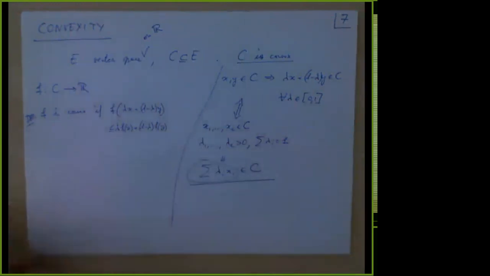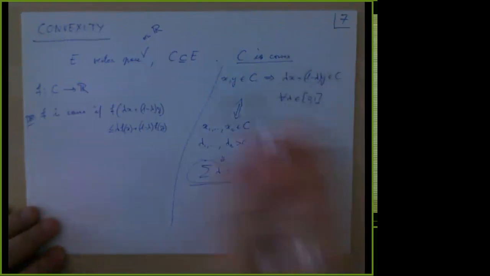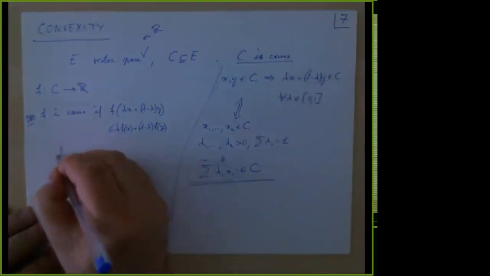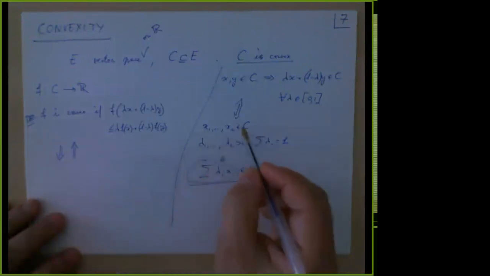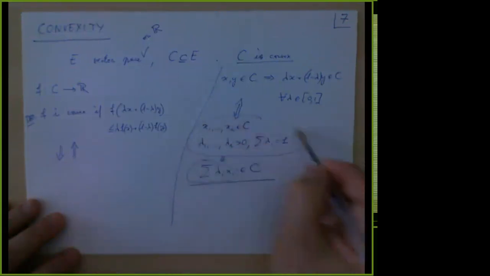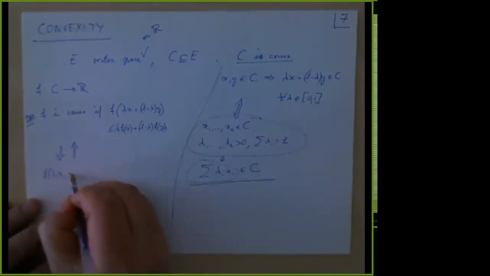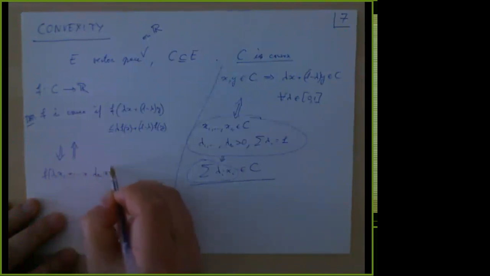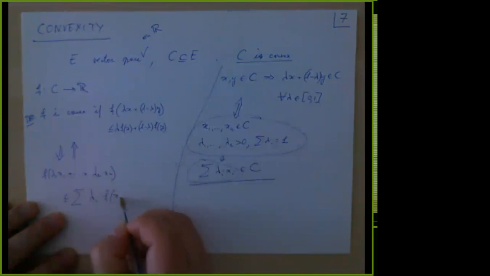And this is also extendable in a very similar way as we claimed in the definition of convexity. And I ask you to check, although this will be explicitly written in the lecture notes, that in this same situation we have that f of lambda 1 x1 plus ... plus lambda n xn is less or equal than the sum of lambda i f of xi.